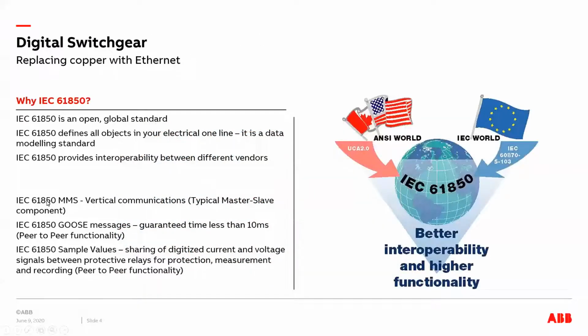Okay, so how do we replace the copper wiring? As I mentioned earlier, the copper wiring is primarily from the CTs and PTs installed in the panel, and also between the inputs and outputs of the relays, and between the panels, between the relays, to make a protection and control scheme.